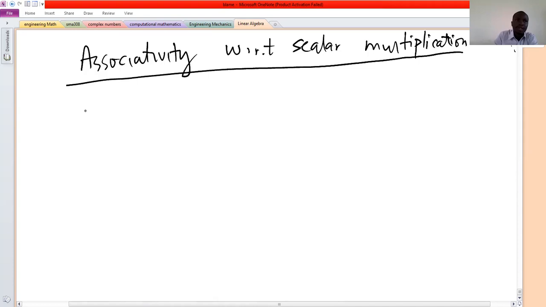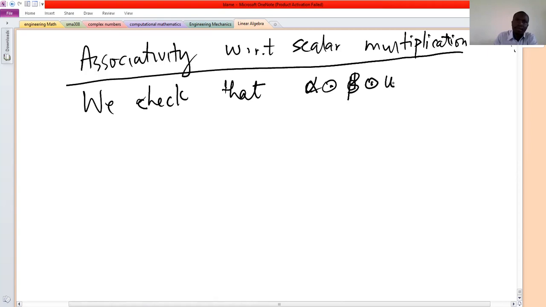For this one, we check that if I have C, I multiply alpha by beta, and then multiply by an element u, then it's the same thing as saying C alpha times beta, and then multiplied by u.